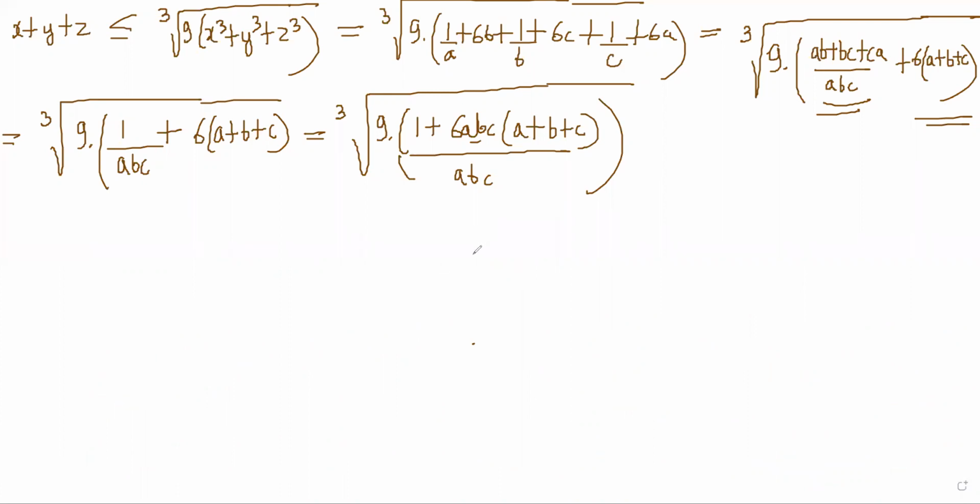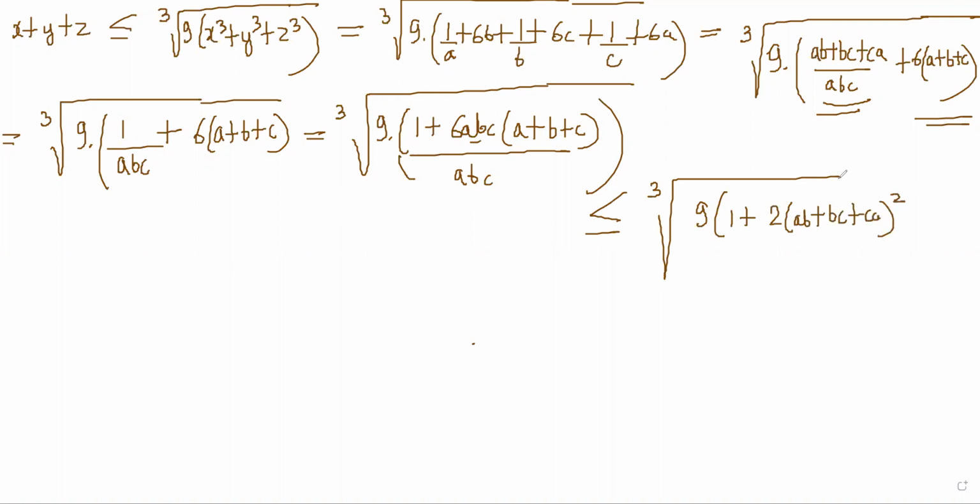Because I know that 6ABC times (A plus B plus C) is less than 2 times (AB plus BC plus CA) whole square, I will just write this is less than or equal to cube root of 3 times 9, 1 plus 2 times (AB plus BC plus CA) whole square divided by ABC, right? Now, this becomes 1, right?